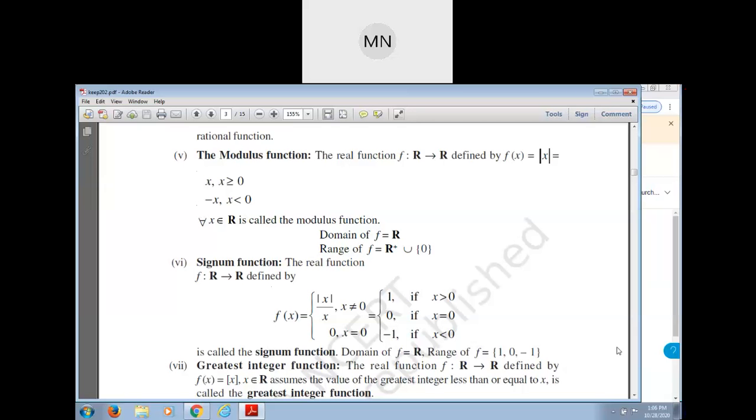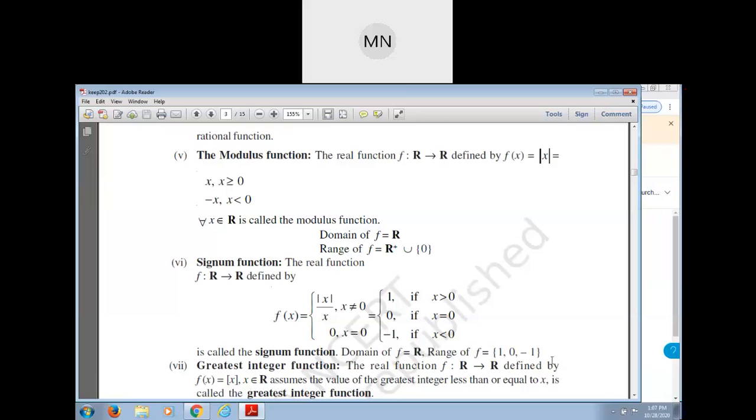So the domain of this function is R, and the range is {1, 0, -1}. For all positive values of x, f of x is 1. When x equals 0, f of x is 0. For all negative values, the value is minus 1.